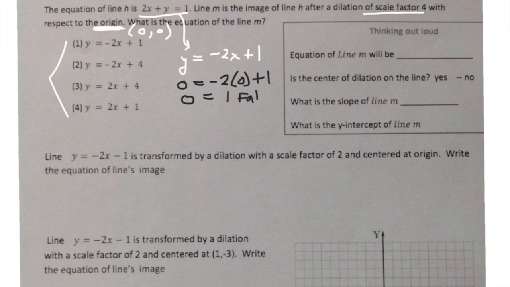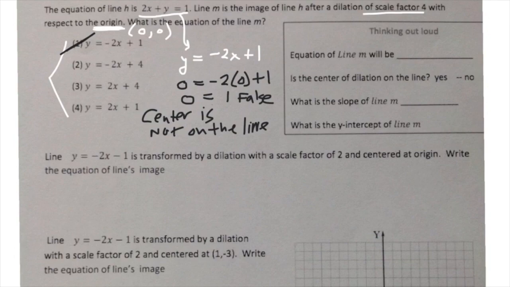And since it's false, I know that the center is not on the line. That means I'll get a brand new equation. So I will not keep the same equation. The equation will have to change.